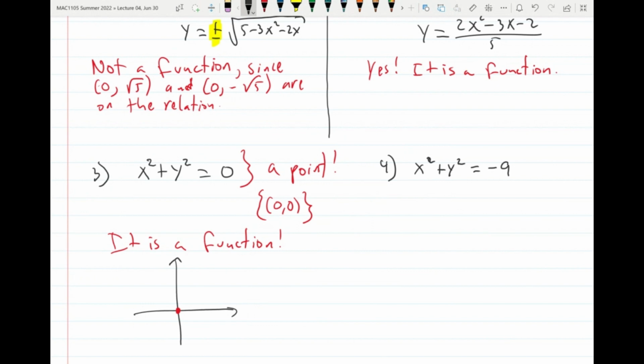We're not talking about real numbers here. Is this a function? You said we're only talking about real numbers? Yes.